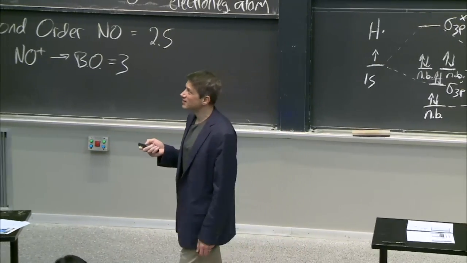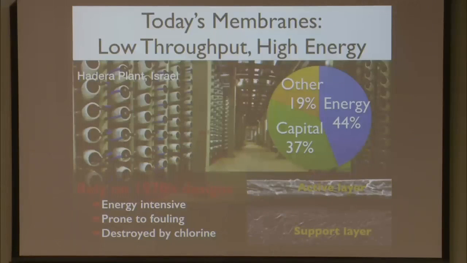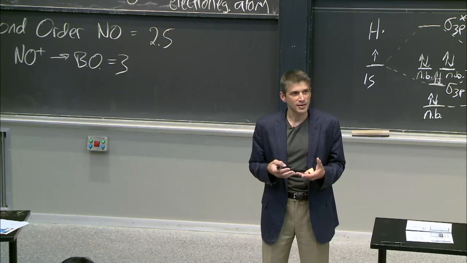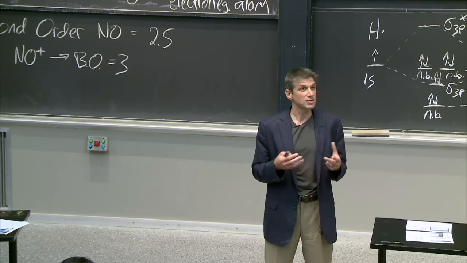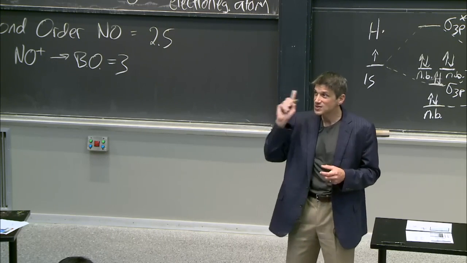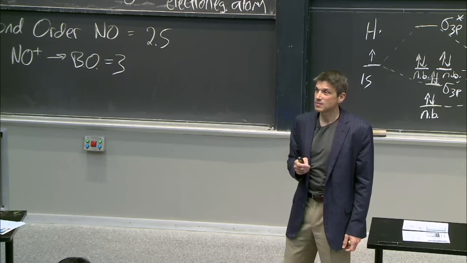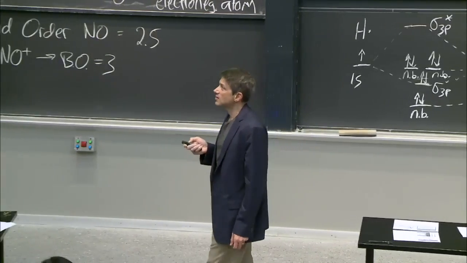But they take much more energy than you need. They foul up very easily, and then stuff gets stuck in them and you can't take it out. You can't clean them because these polyamide membranes, the same polymer used in these membranes for 50 years, haven't changed the material.